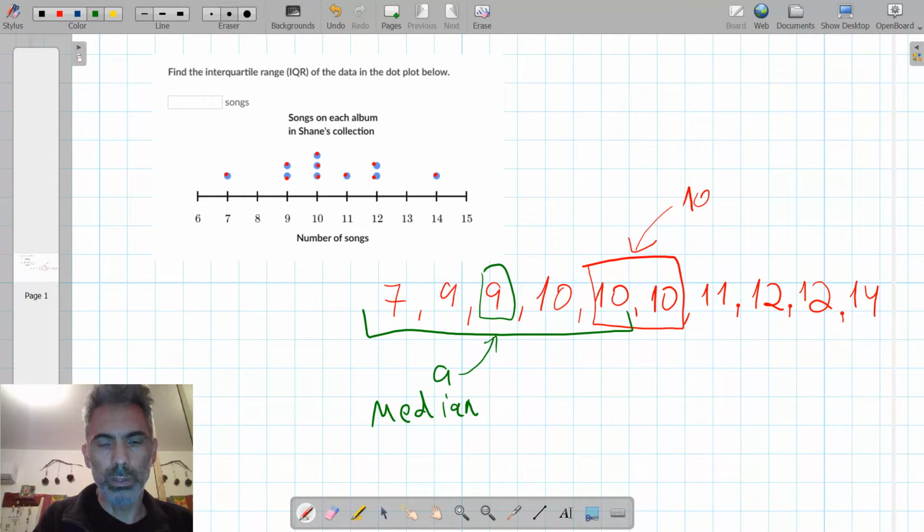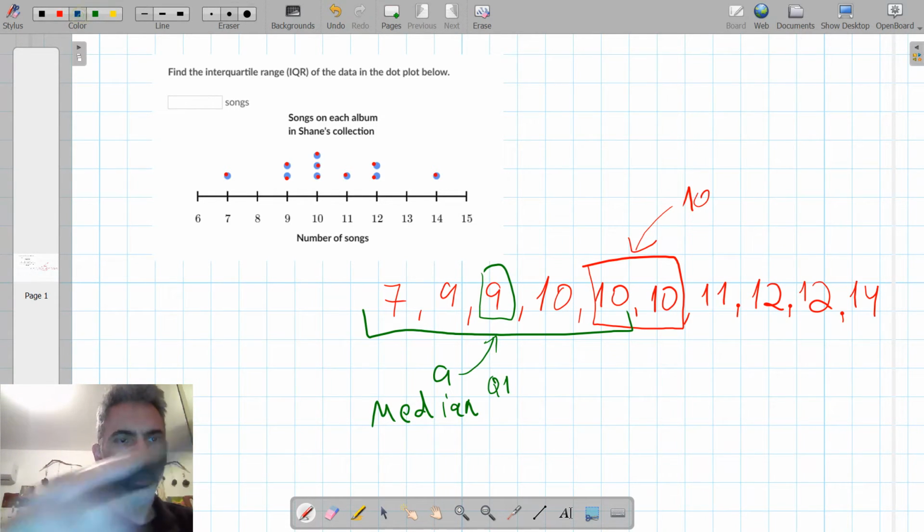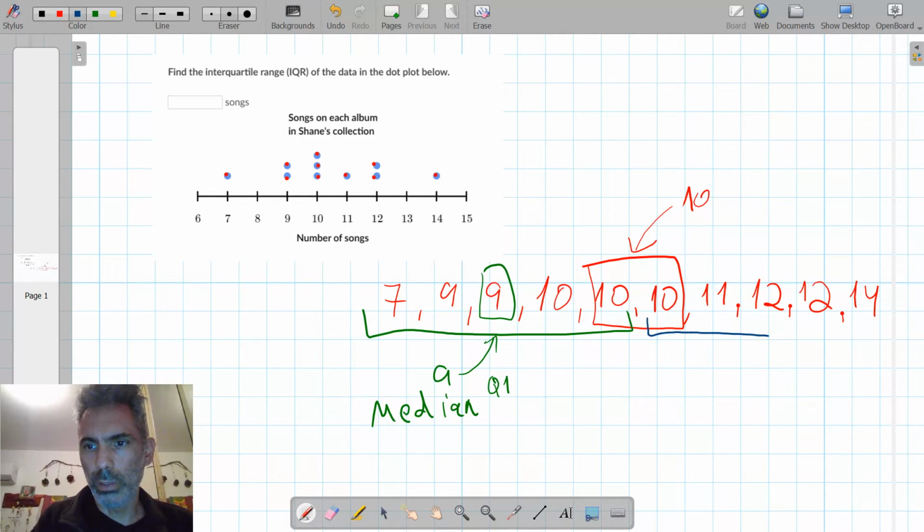This is where quartile 1 ends, and now we need to find the median for the upper half of the data, which is 12. This is the beginning of quartile 3.